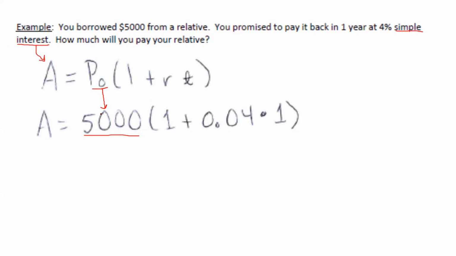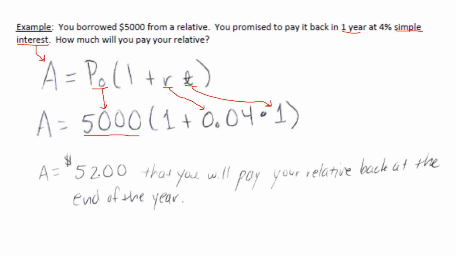My R value is this guy here. It's 4%. Our T value is going to be equal to 1, because we said 1 year. So we pretty much mash all these numbers in and we end up with $5,200. That's how much we're gonna pay our relative back at the end of the year.